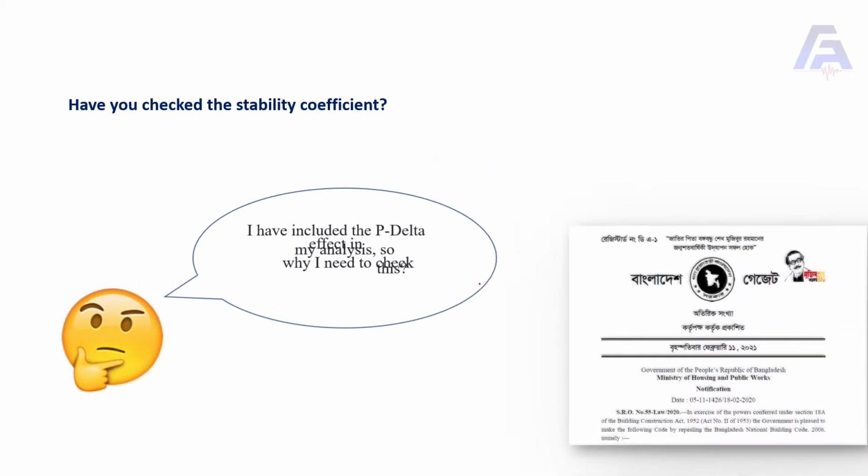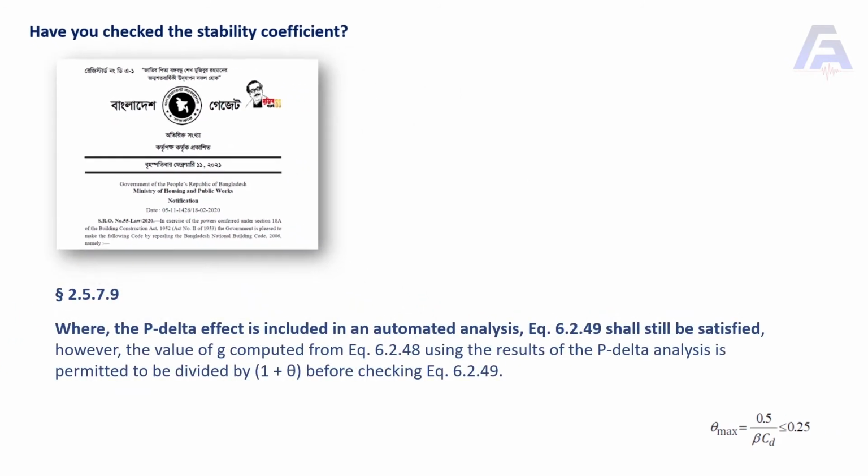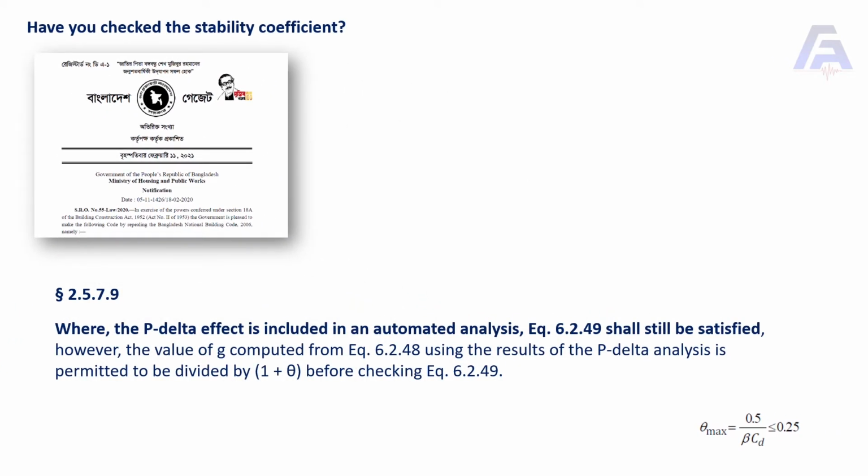I would like to refer you to BNBC 2020. In BNBC section 2.5.7.9, it says that even if you are including the P-delta effect in your analysis, equation 6.2.49 shall still be satisfied.